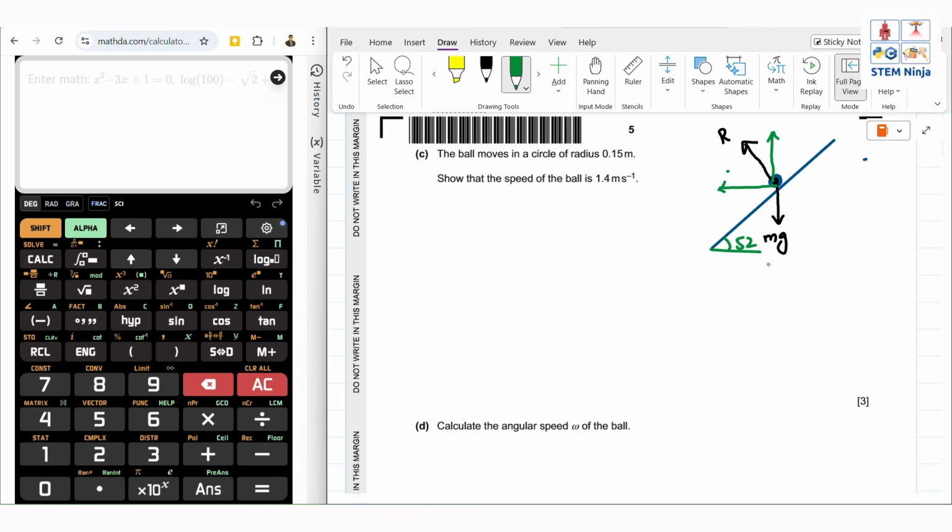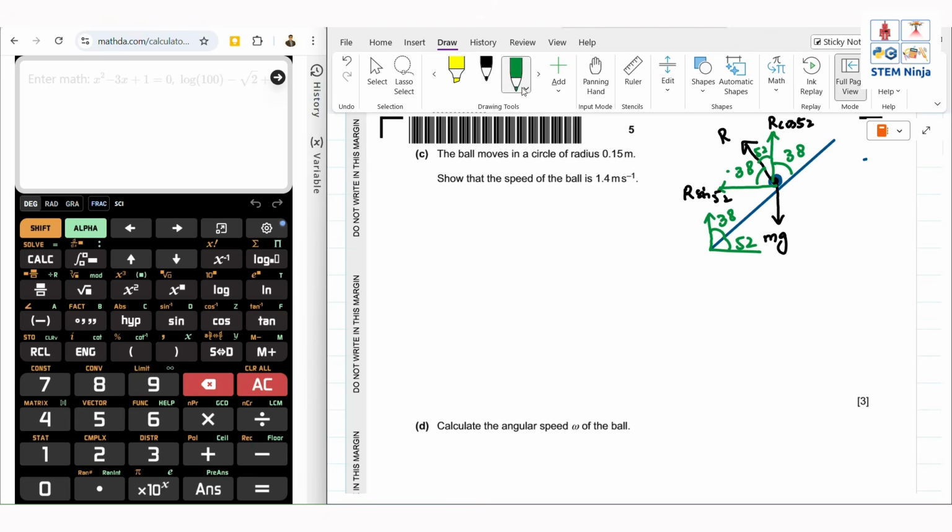This angle is 52, so parallel to the vertical, this would be 38. This angle would be 38, this angle would be 52, and this angle would be 38 again. So this means that this is your R sine 52, and this is your R cos 52.